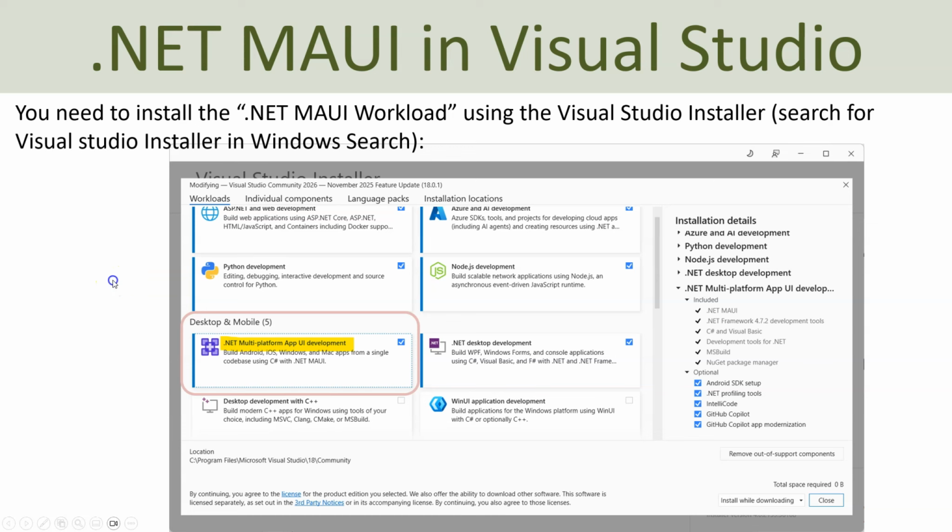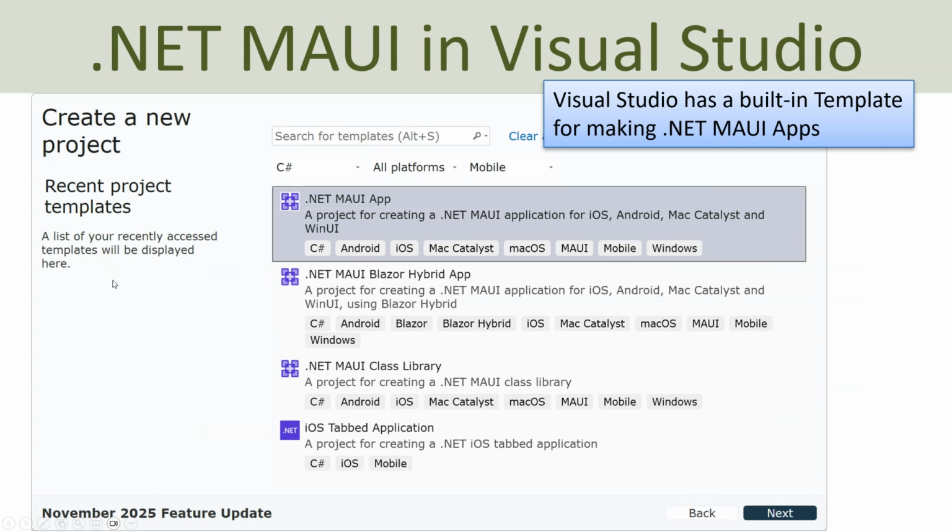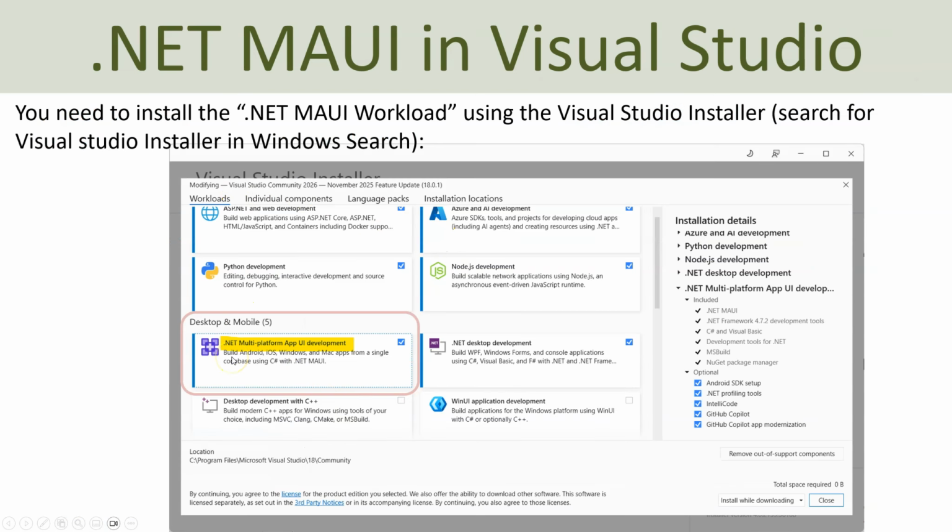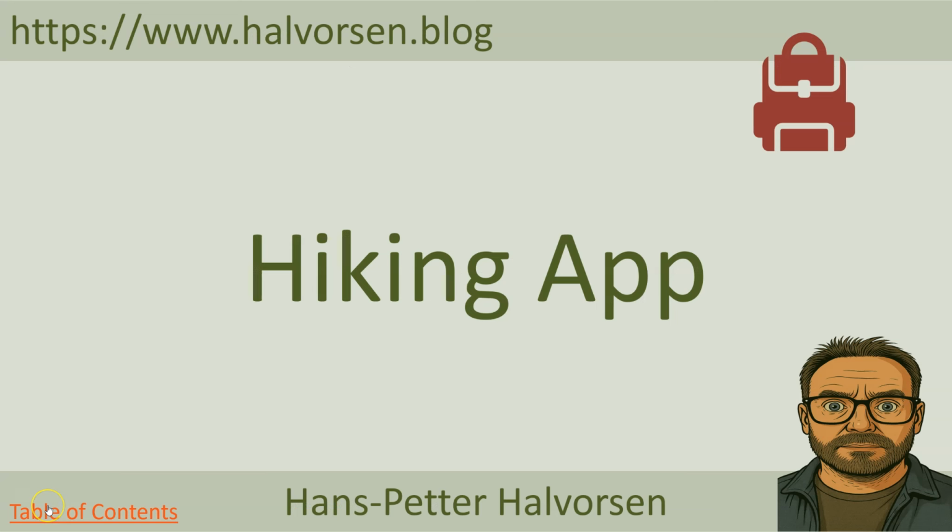When you have installed this workload and then you create a new project in Visual Studio, you should be able to see this .NET MAUI app project. If you don't find it, just search for it here, and if you don't find it, make sure you have installed this .NET MAUI workload. So let's start creating this hiking app.